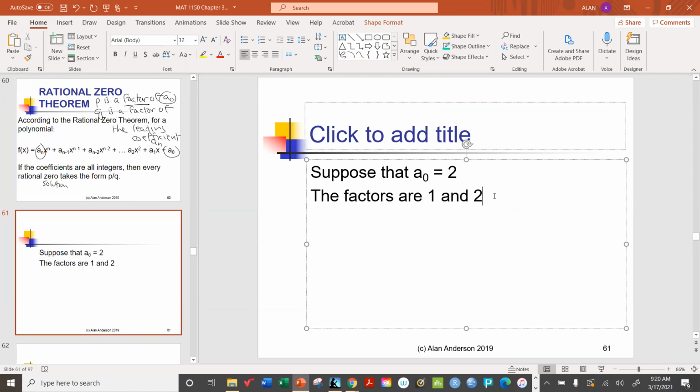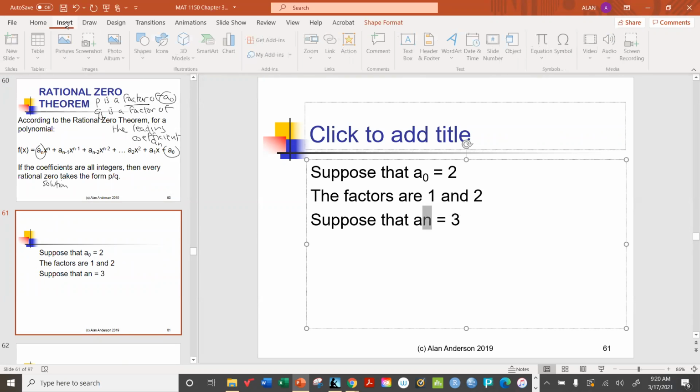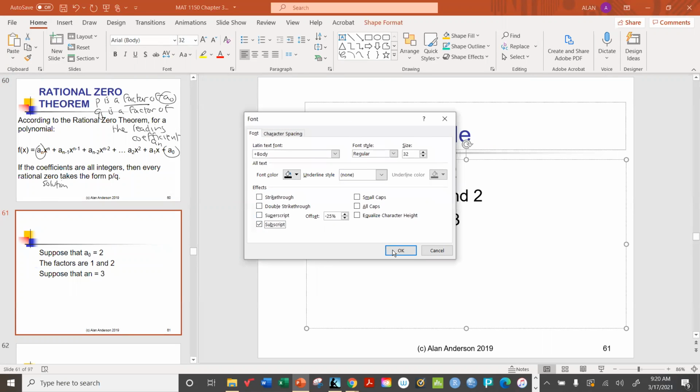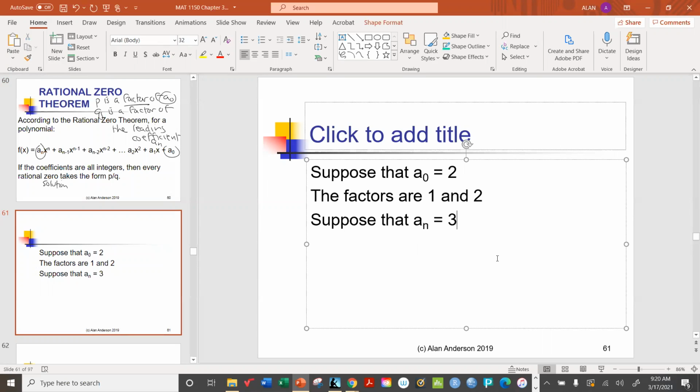And suppose that AN is 3. Therefore, the factors are 1 and 3.